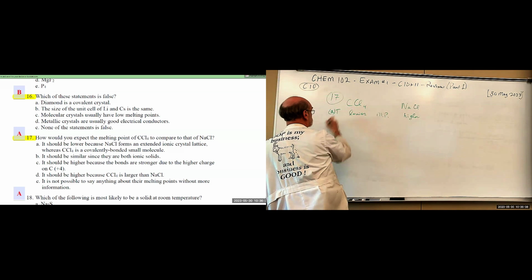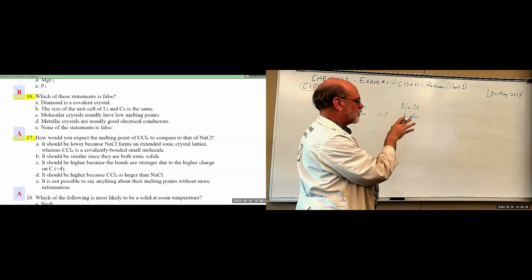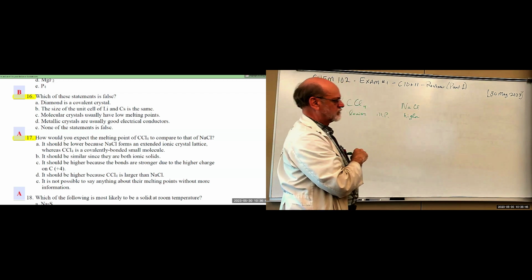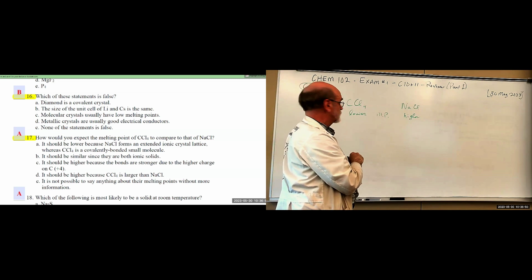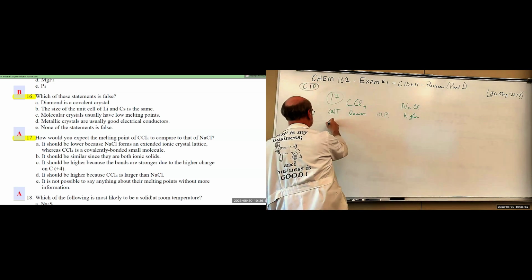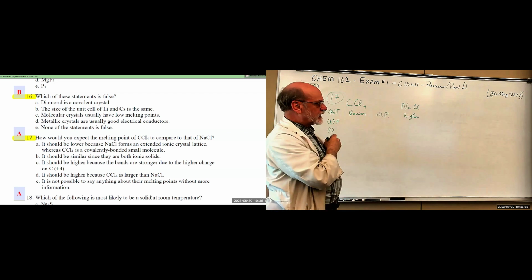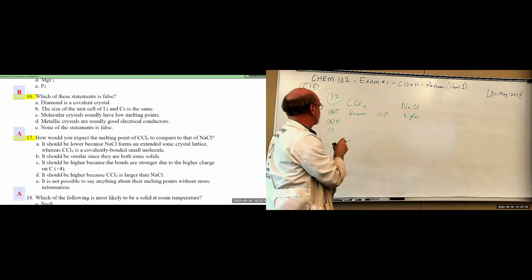A is true. And we don't have any wonky ones down there, so I think we found our answer. It's not going to be similar because they're not both ionic compounds. So B is false. B cannot be true. It should be higher because the bonds are stronger due to a higher charge of carbon.